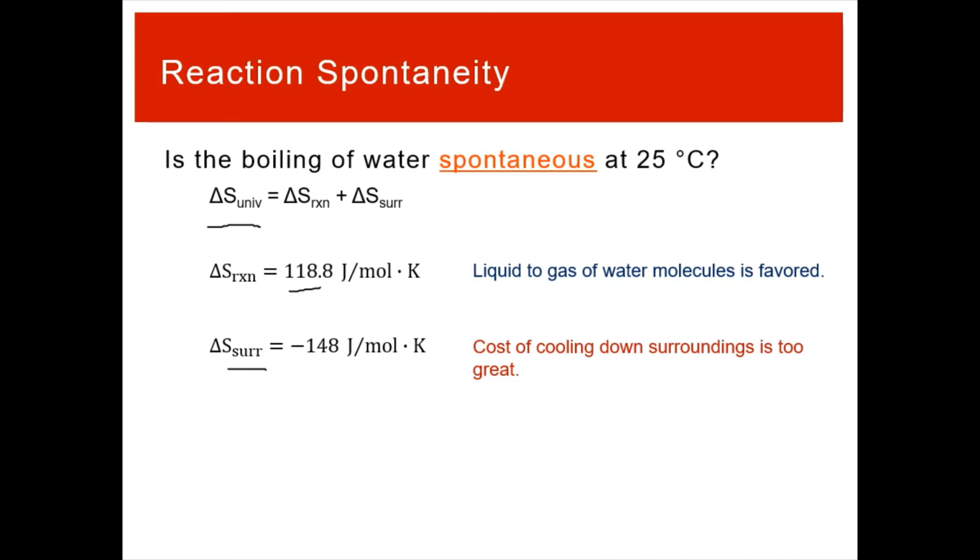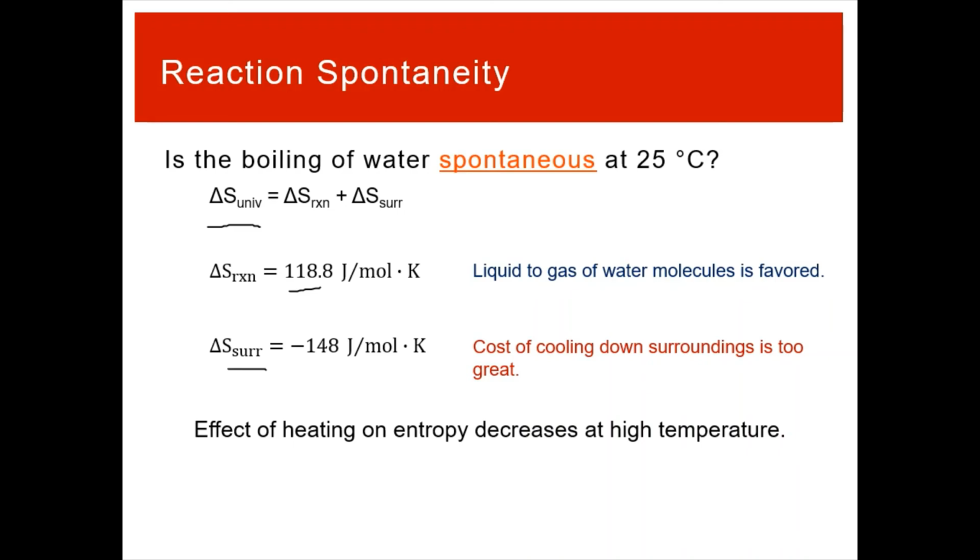But we can also start to understand what would make this spontaneous. We know that the change in entropy of the surroundings is based all around heating or cooling. And we know that for heating or cooling, the overall magnitude of that change in entropy decreases when you go to higher temperature.